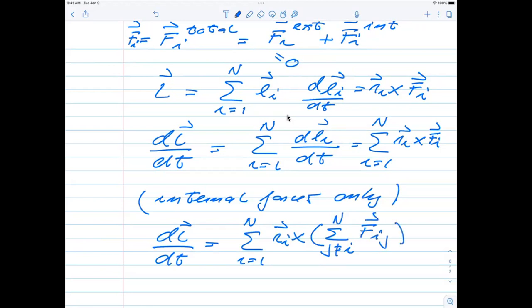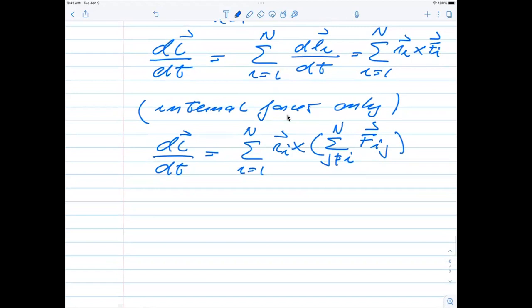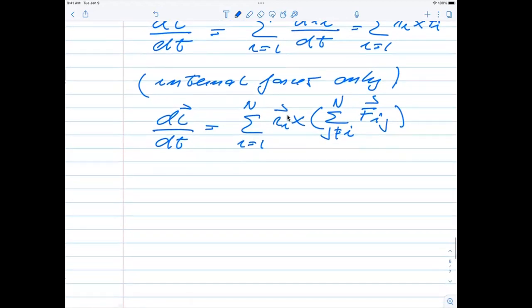So this is what I have, and this is something which I now can rewrite by the same trick which I used earlier. So I can rewrite this in terms of a factor of a half. So I'm just rewriting it in the same way as we looked at when we looked at the linear momentum.